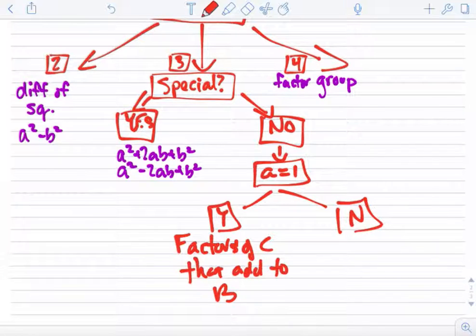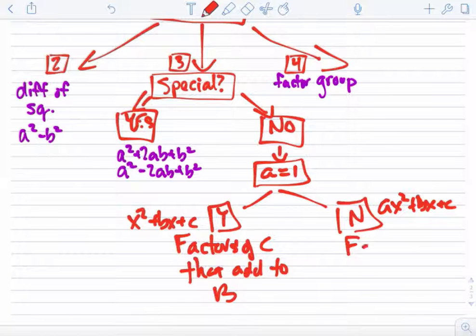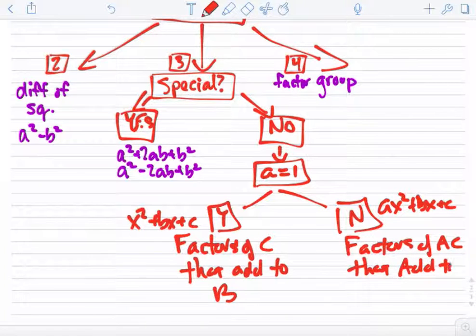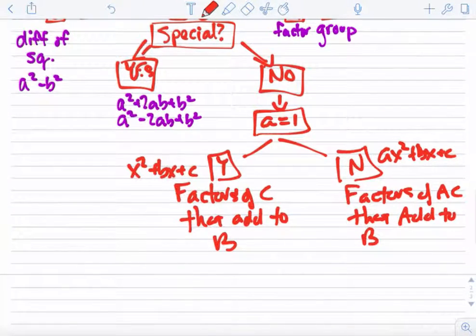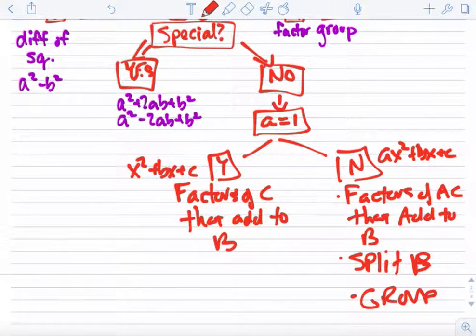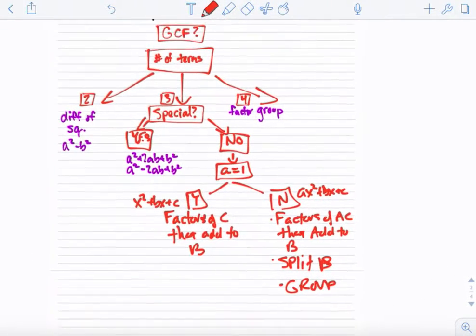If it's a no, if a is not equal to 1, in other words, it's ax squared plus bx plus c, where over here it was x squared plus bx plus c, then we do factors of ac that add to b, and split b, and then group. So that's your general flow chart.